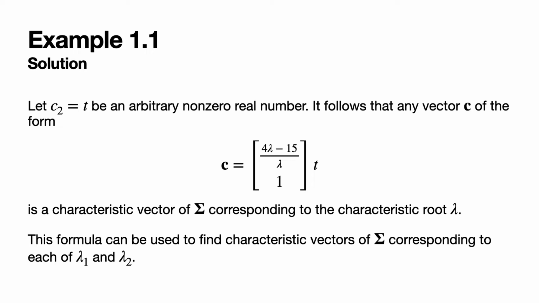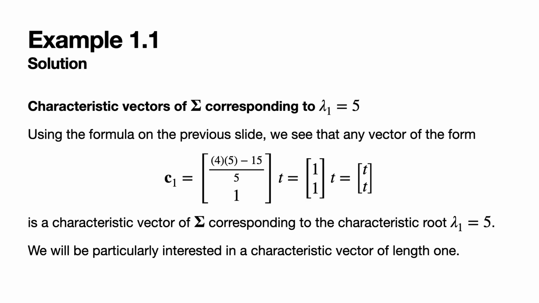So let's do this for lambda 1. Using the formula on the previous slide, we see that any vector of the form c1 equal to the 2 by 1 vector where we are replacing lambda with lambda 1 equal to 5.